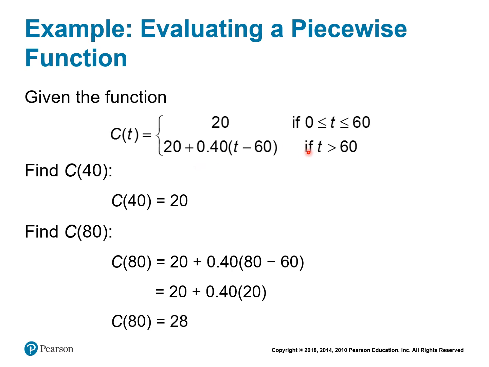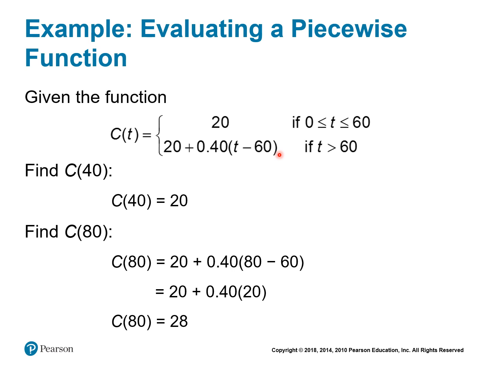And then it says if t is a value greater than 60, then the corresponding function is 20 plus 0.40 times t minus 60.